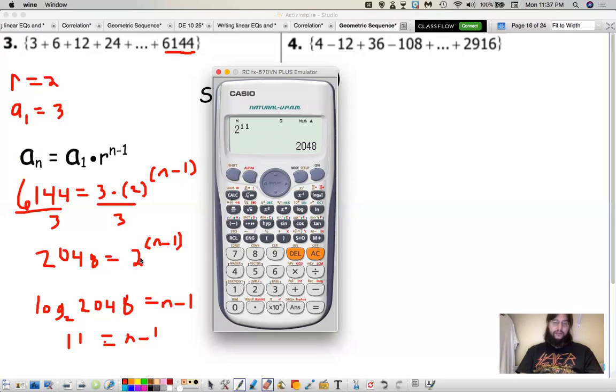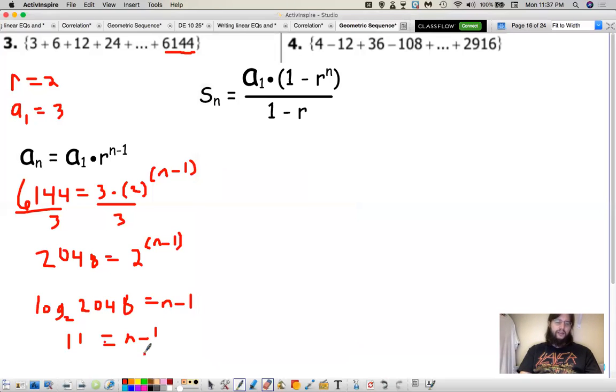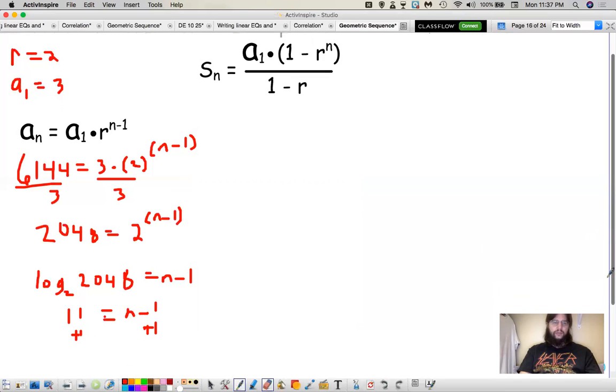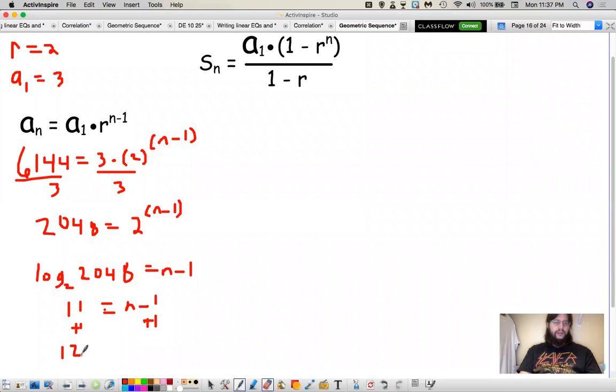So you can just use your calculator and see what number works. You can use logarithms if you want to. It'll work. So n is 12. I said 10 earlier because I was thinking backwards. That gives me 12 is equal to n.